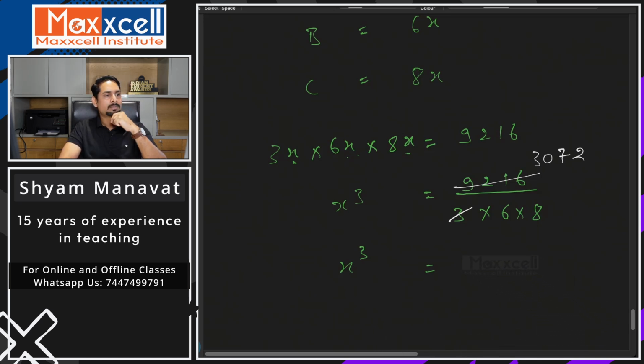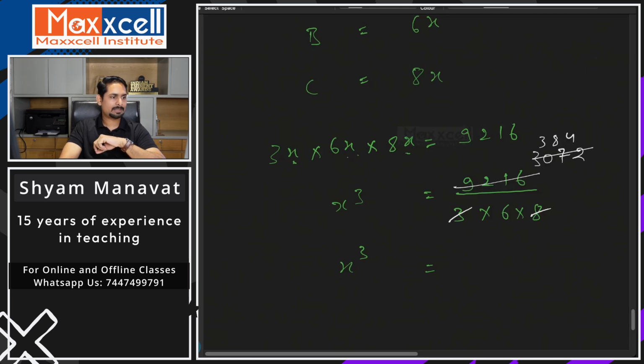Okay. Let's cancel by 8. 8 3s are 24. 64. Okay, right.